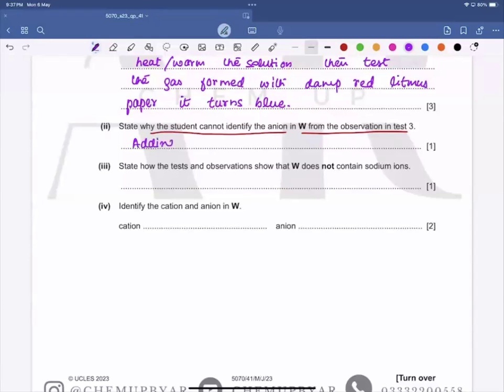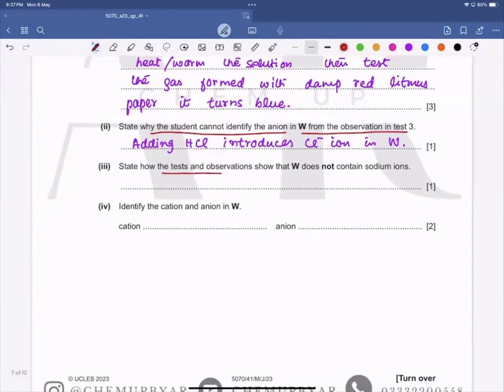Adding hydrochloric acid introduces chloride ions in W. So if we add silver nitrate, obviously the test for chloride will be positive, but the chloride has been added by us. So we are not sure that W has chloride or not. Is this clear?